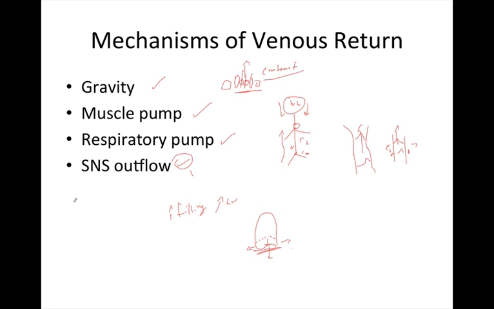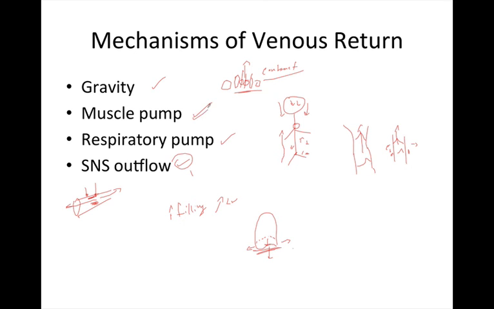However, if we increase our sympathetic outflow, basically the amount of SNS output to these veins, that's going to cause the muscle of the media to contract. And as basically the veins contract or they tighten up, think of that as essentially just squeezing a tube of toothpaste. You're going to squeeze more blood out of veins, and back toward the heart.